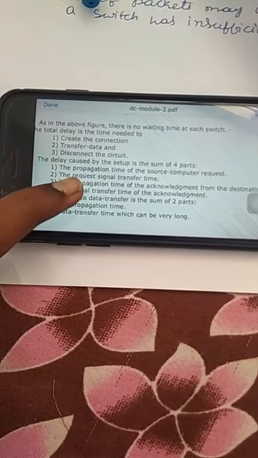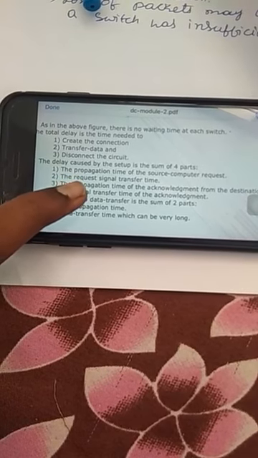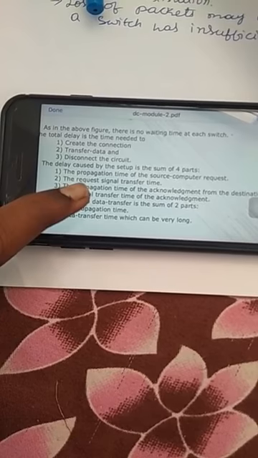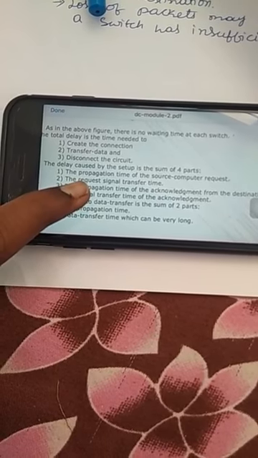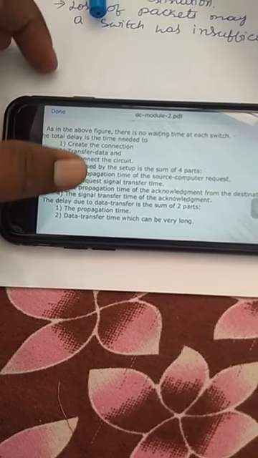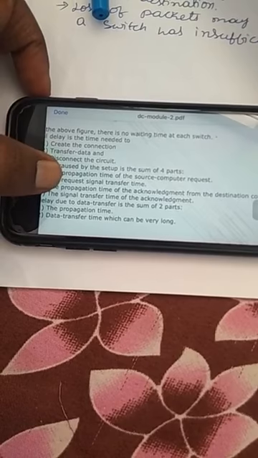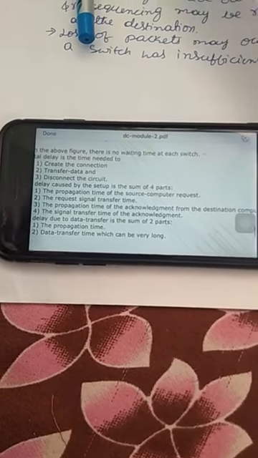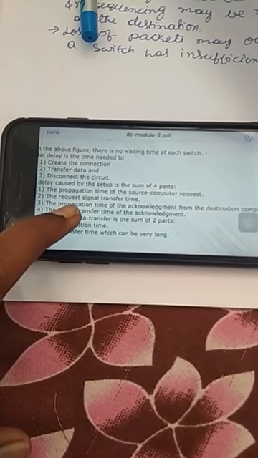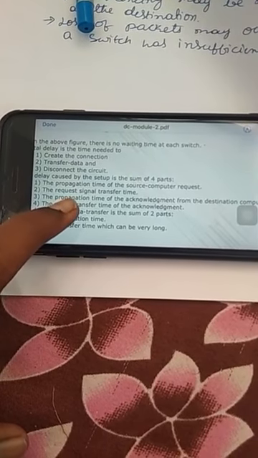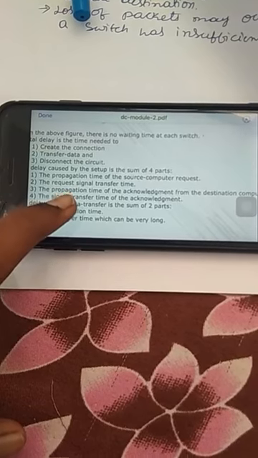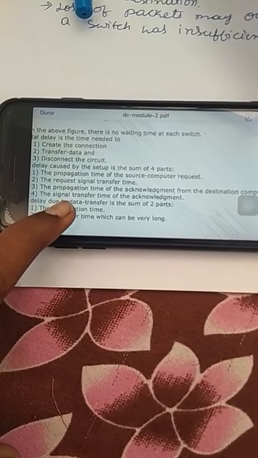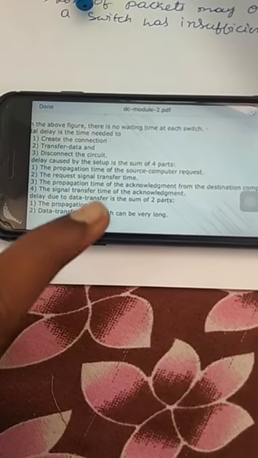Next is the request signal transfer time, the time the request signal takes to travel. Next is the propagation time of the acknowledgement from the destination computer, the waiting time for the acknowledgement, and the signal transfer time of the acknowledgement.